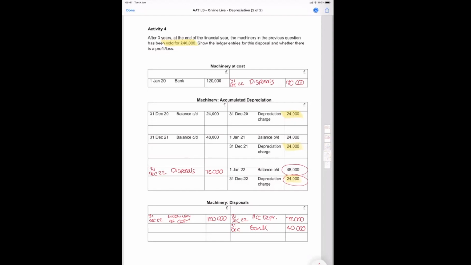Okay, this means we're now allowed to calculate our profit or loss based on the disposal of this asset. So it works in the same way that we calculate a balance carried down. Okay, the profit or loss is posted on the lesser side, debit or credit side of the disposals, for the difference between the two columns.